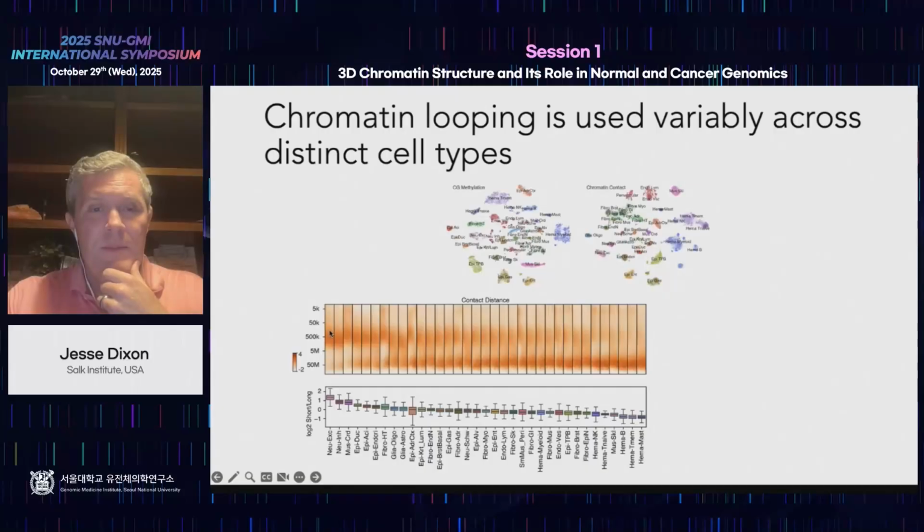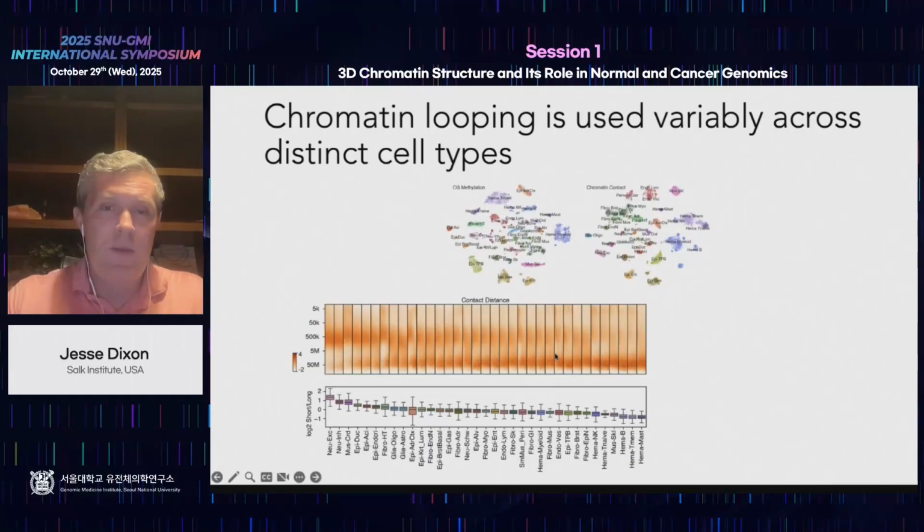There are some cell types, like these different classes of excitatory and inhibitory neurons, that have really strong signal in this range related to TADs and chromatin loops, but a quite weak signal related to these larger scale chromatin compartment features. Likewise, at the other end of the spectrum, there are cells, largely in hematopoietic lineages, that have relatively weak signals at the level of TAD and loop type regions of the genome, but seem to primarily use chromatin compartmentalization as an organizing principle for their genome.